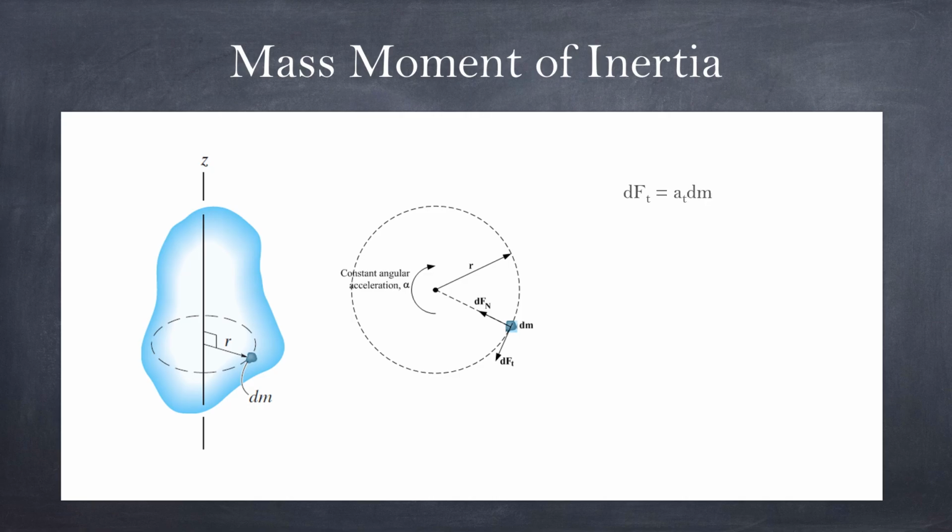So we already know that force is equal to mass times acceleration. But in this case, we're talking only about the force in the tangent direction, so it's the acceleration in the tangent direction as well.